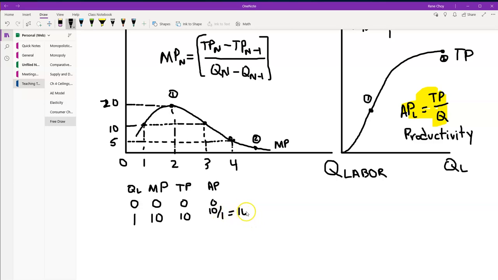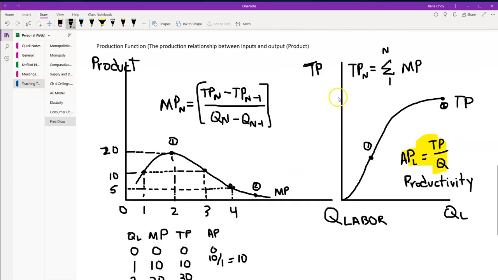In this case, 10. All right, but if I hire my second worker, notice that my second worker is more efficient than my first worker. So my second worker gives me an output of 20. Now my total product is going to be the addition of the output of the first worker plus the product of the second worker, or 30.